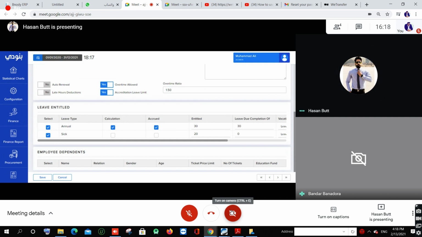Explain accrued again. Okay, so accrued means that if you have created it like this, no, then the calculation of the leaves will not be applicable to his salary. It means the cumulative calculation of the month's leaves above the limit: he is given 30 leaves and he has taken 35 days of leave.